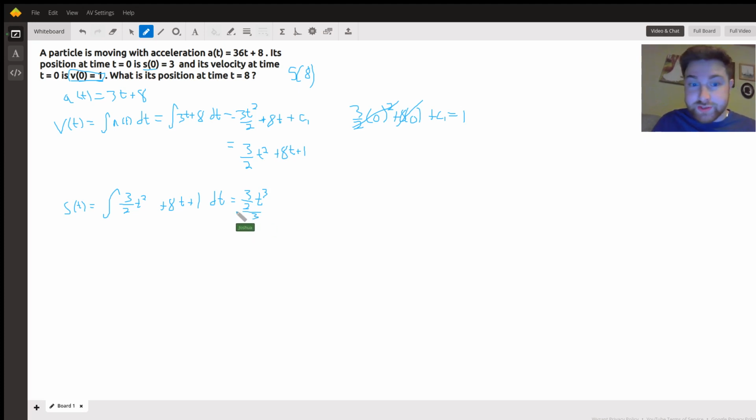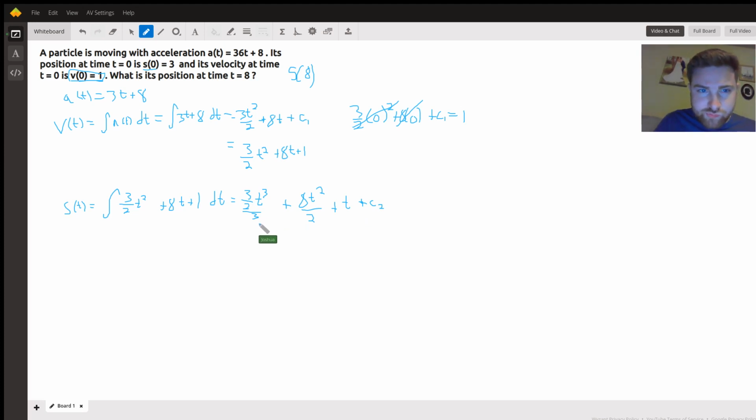Notice those 3's go away. Then we have 8t squared divided by 2, which turns into a 4. And then plus the integral of 1, which is just t. And then we have another constant.